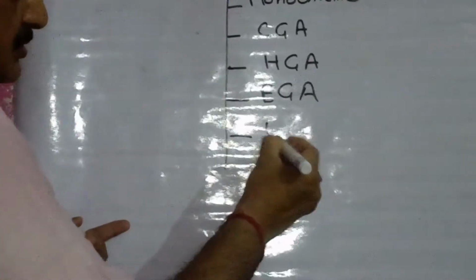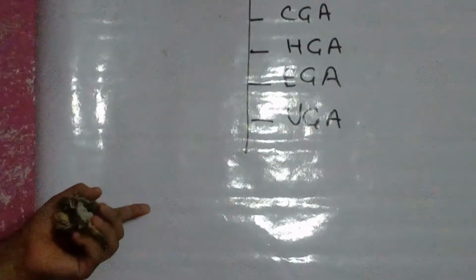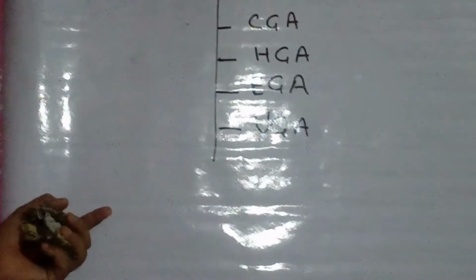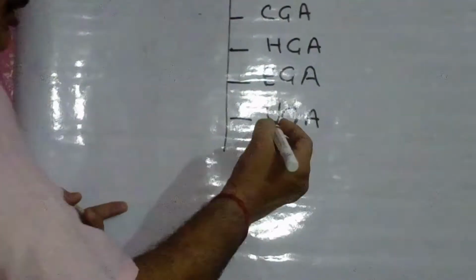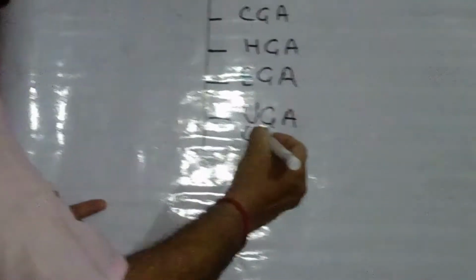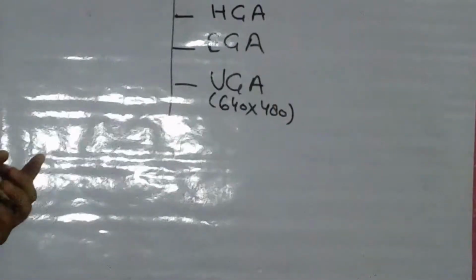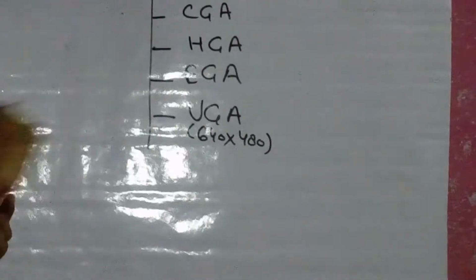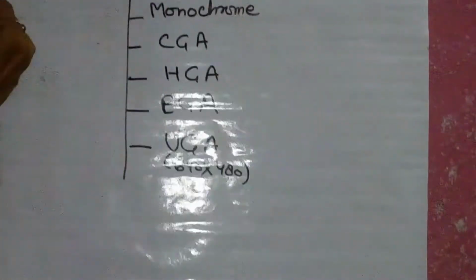Next, VGA. VGA is video graphics adapter or video graphics array. There are different categories of VGA, but the popular or common category is 640 cross 480. What is the meaning of 640 cross 480? It means 640 pixels in the horizontal direction and 480 pixels in the vertical direction. It is a monitor.